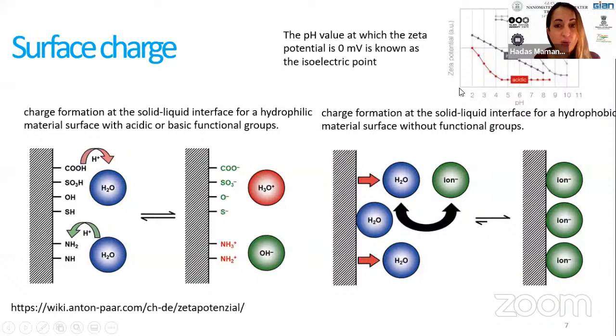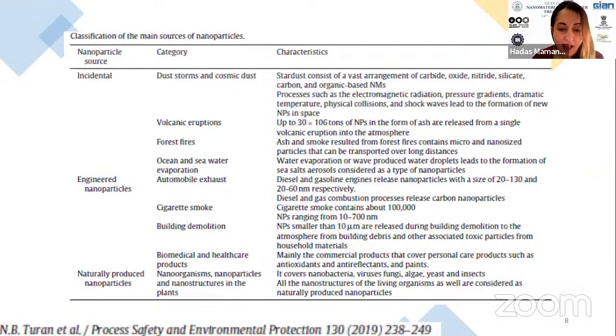And the pH value at which the zeta potential is 0, for example here, is also called the isoelectric point. So all these measurements and parameters are very important in characterizing nanoparticles.